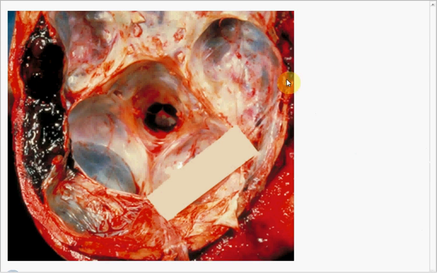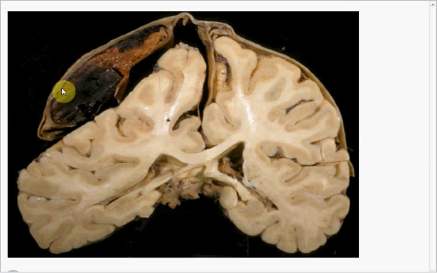Let me show you what that looks like in terms of gross pathology. Here is a subdural hematoma. Notice the gross distortion to the brain and the midline. These are usually venous. There are bridging veins which come down through the dura, and there is often a trivial head injury, where there's shaking of the head, particularly in a person who has some degree of cerebral atrophy, that allows the brain to move more inside the skull with acceleration and deceleration injuries.